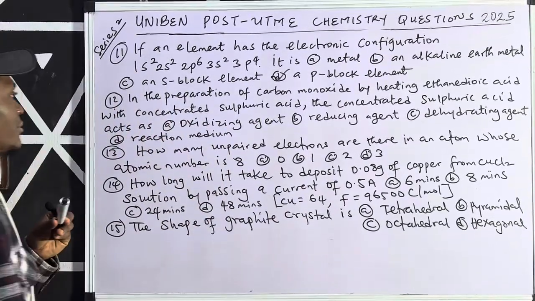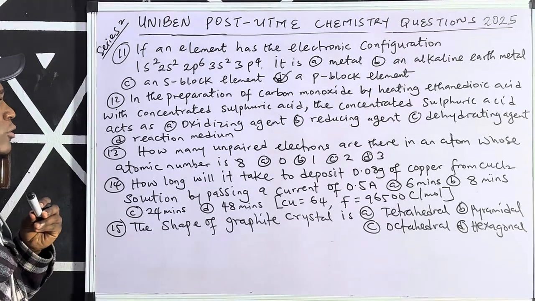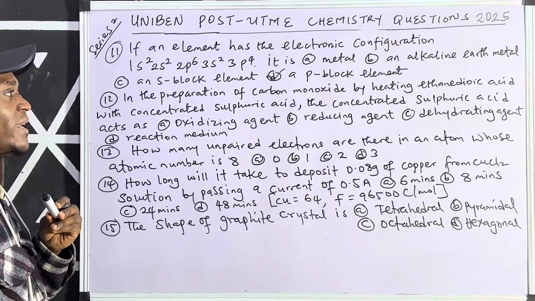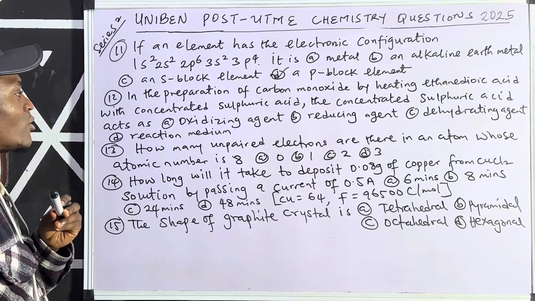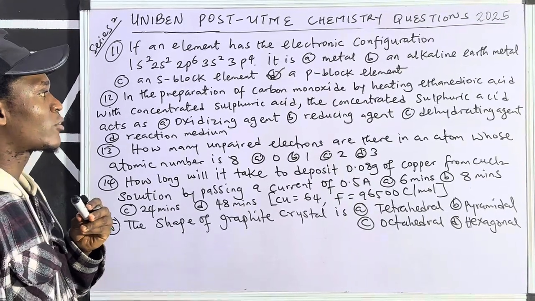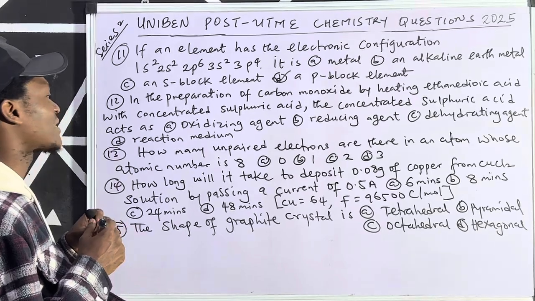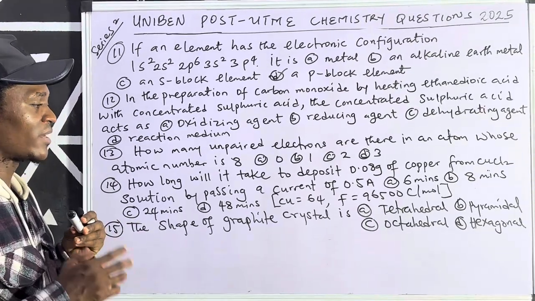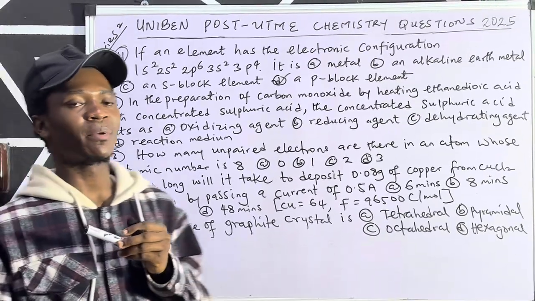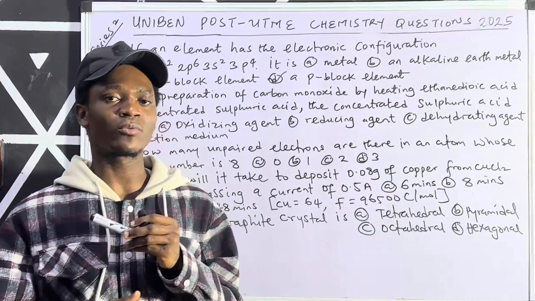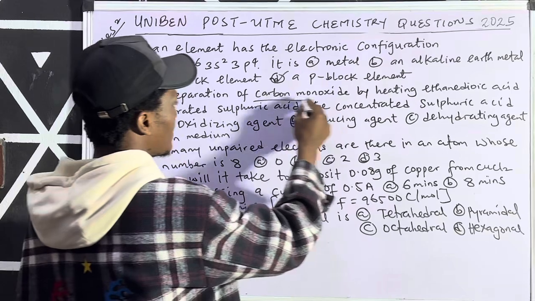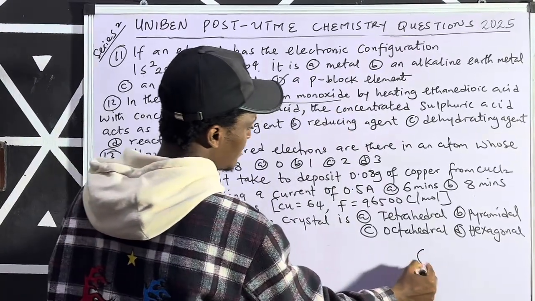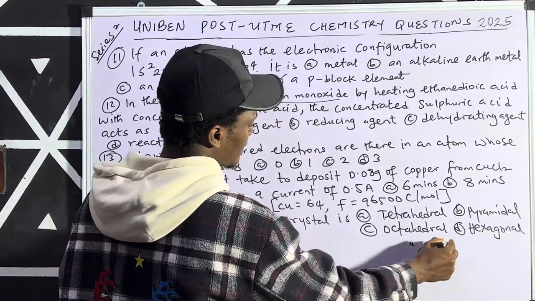Question 12. In the preparation of carbon monoxide by heating ethanedioic acid with concentrated sulfuric acid, the concentrated sulfuric acid acts as dash. First and foremost, when you want to prepare CO, one of the oxides of carbon, that's carbon monoxide, because the formula of that compound is CO, all right?